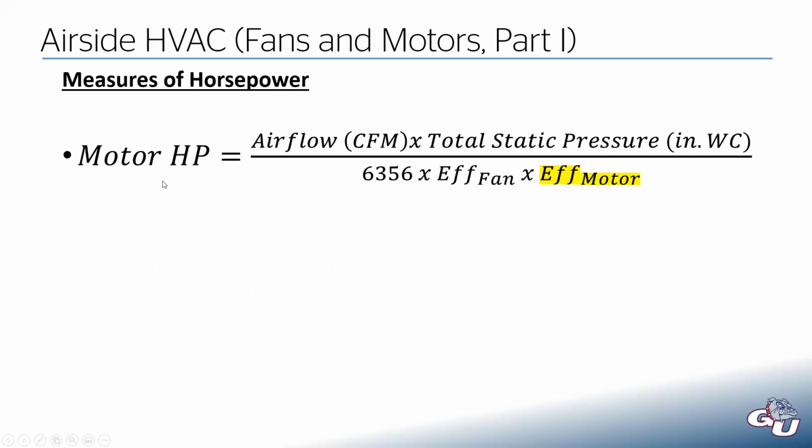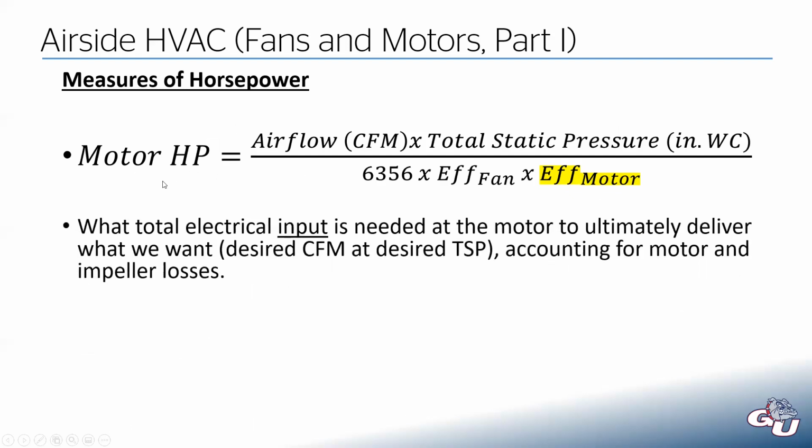And this motor horsepower, this is our total electrical input. If we are thinking about how much power and energy this fan is going to use, this is what it all comes back to. It comes back to, what do we need to feed the motor? Because that's what's going to require the most power.